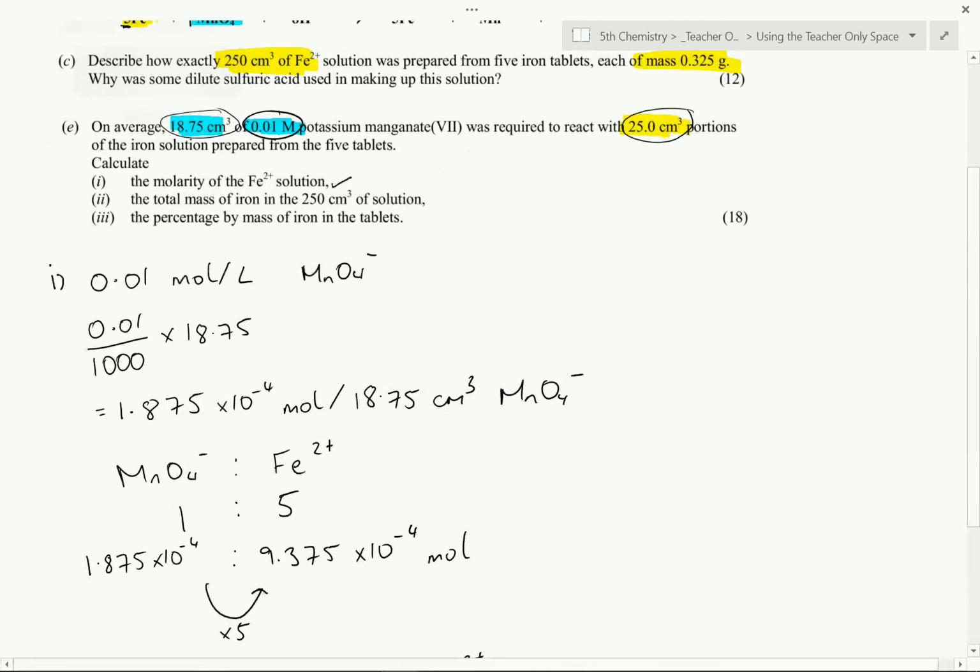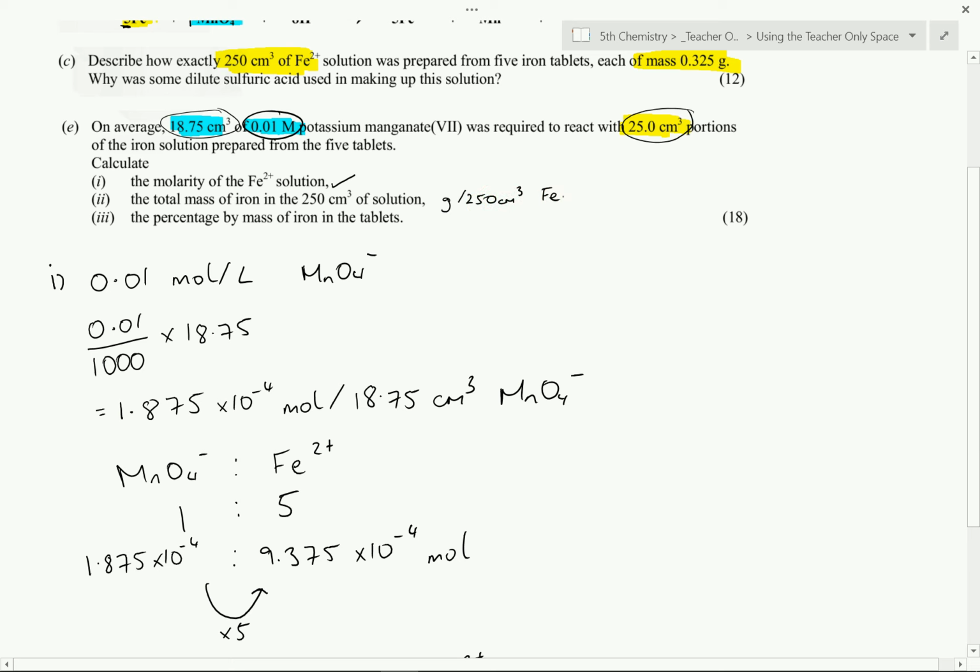That's part 1 finished. Part 2 then says the total mass of iron in the 250 mils of solution. So that's really a disguised way of asking for grams in 250 mils of iron.